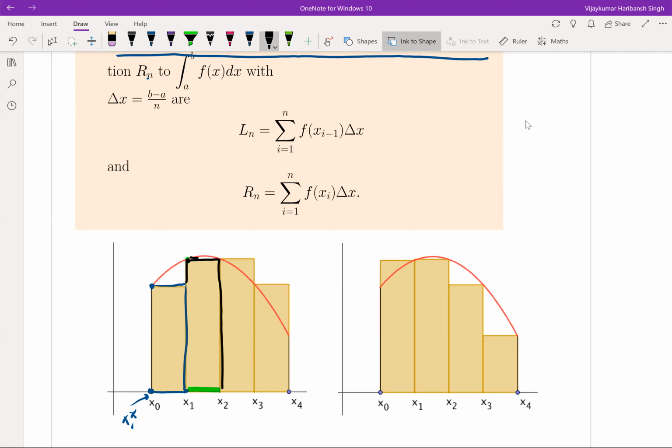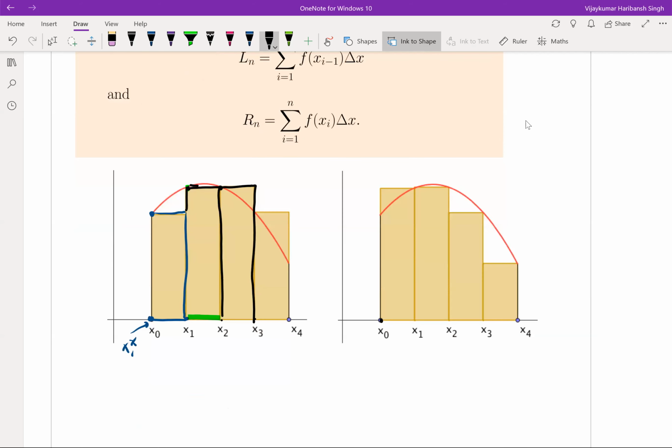For this interval, I'm choosing the left-hand value of the function on the interval and making a rectangle, adding them, and so on and so forth. Similarly, we can have the right-hand point approximation. In this case, you take the value of the function at the right-hand point, which is x1 on this interval, and make a rectangle, and add all of these up.